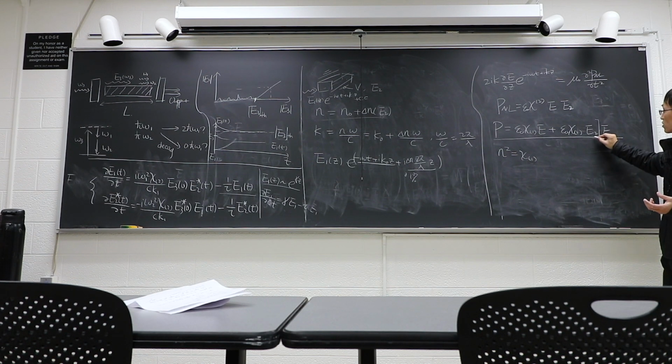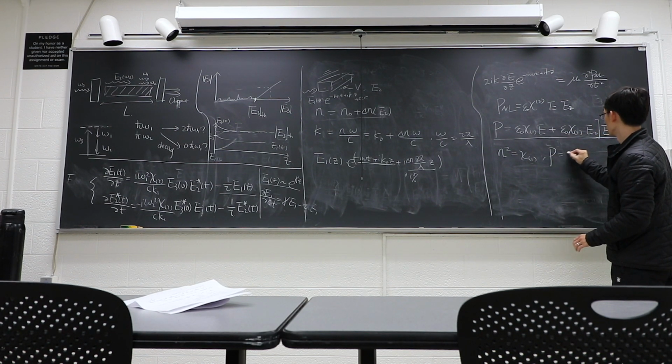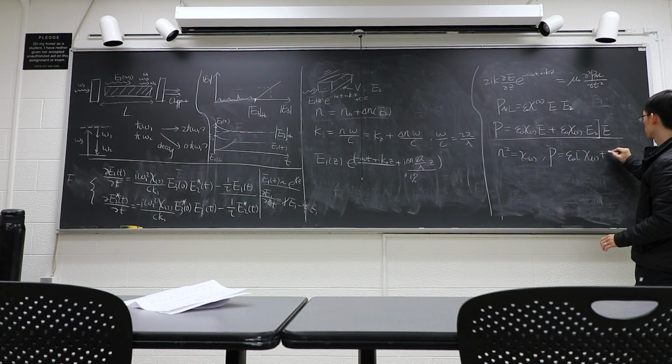So you can now see you can write P equals epsilon times chi1 plus chi2 E2.